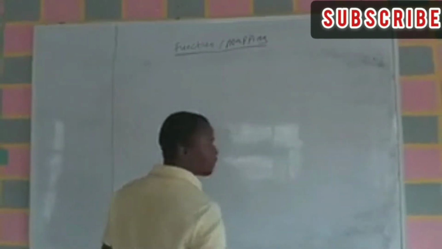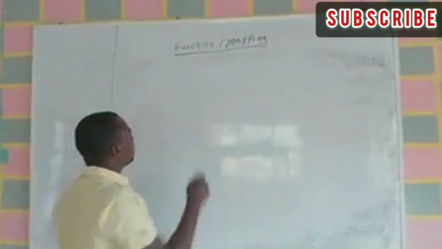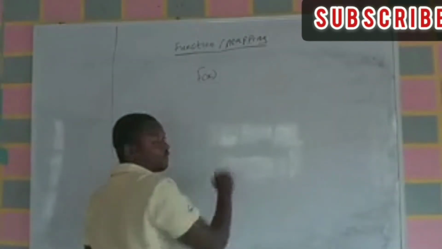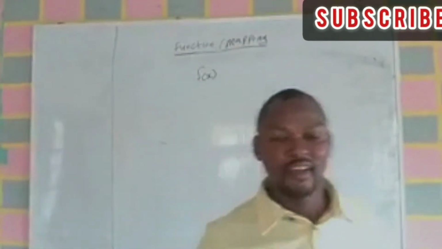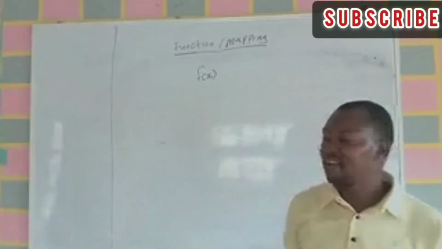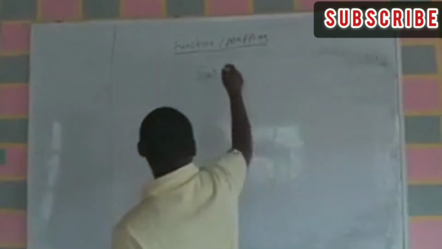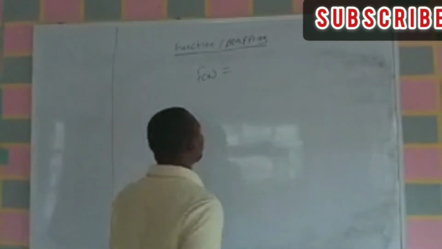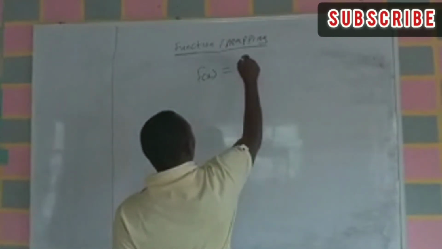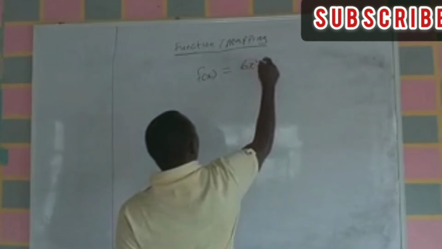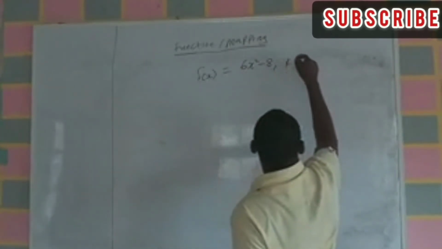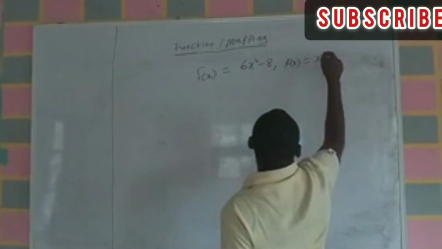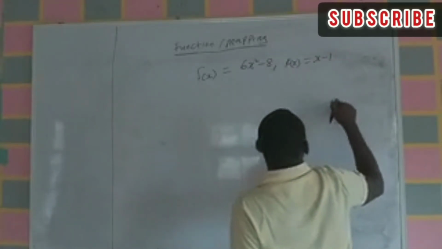If f of s, don't forget, it may not be only f of s, it can be k of s, it can be p of s, it can even be d of s. So f of s is equal to 6s squared minus 8. k of s equals s minus 1.